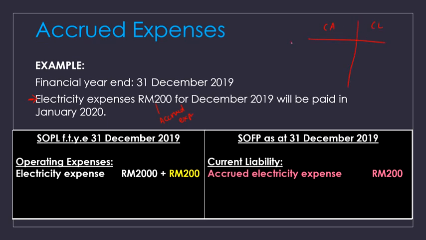Okay, current asset, current liability, then you have prepaid, you have accrued, and then you have expenses and revenue. Okay, so now it is accrued expenses, so it is your current liability. So, you already know this RM200 is your current liability. Current liability will be in the statement of financial position. Remember I said we have two types of statements. That is the statement of profit and loss, and the other one is the statement of financial position.